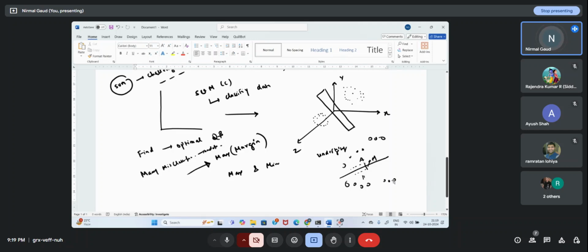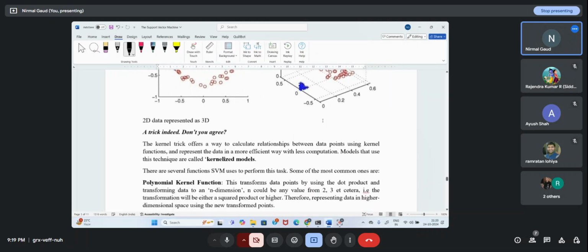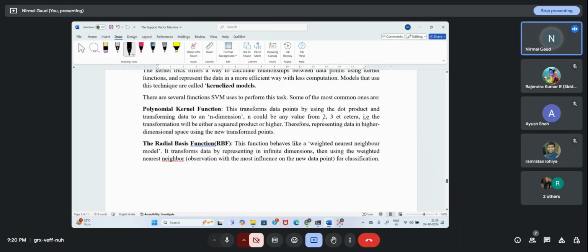Fine. Kernel trick, you have seen, and there are many kernel tricks like the polynomial kernel function, which can have degree 2, 3, etc. We also have RBF, radial basis function.